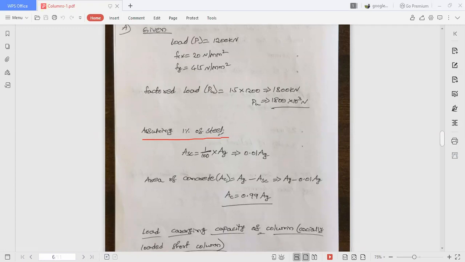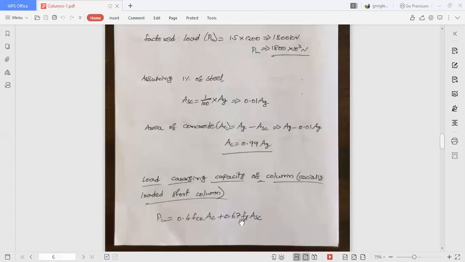Assume 1% of steel. That means ASC is 1 by 100 of AG, the gross area, which is equal to 0.01 times AG. And what is the area of concrete? If you know the percentage of steel, then you know the area of steel, and you can easily find the area of concrete by subtracting it from the gross area.